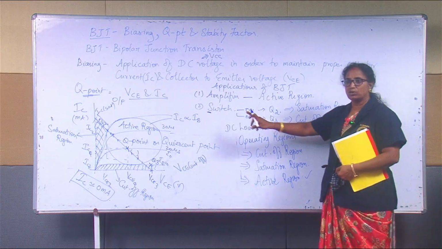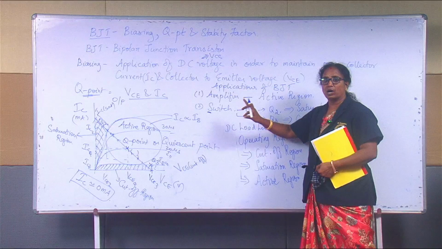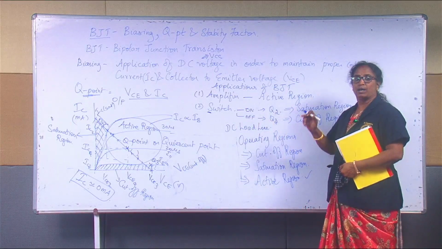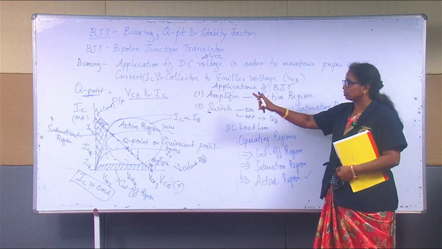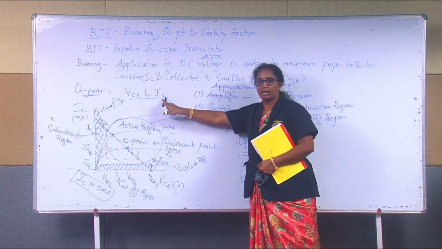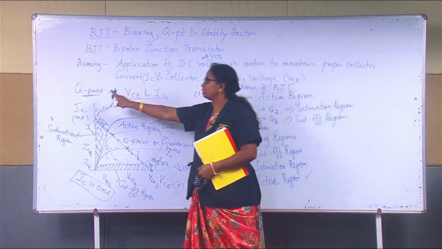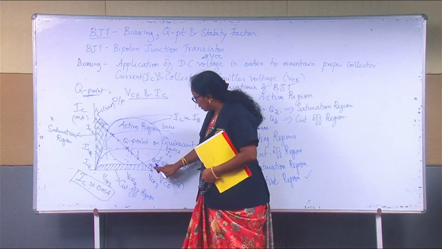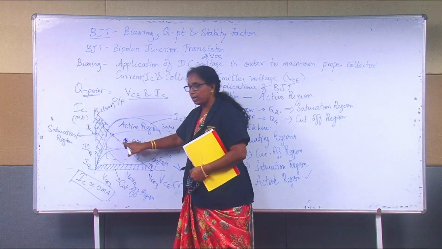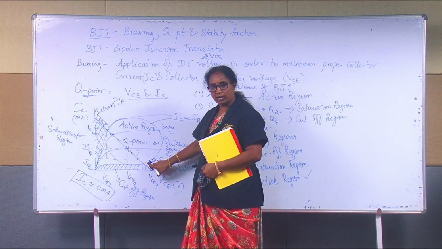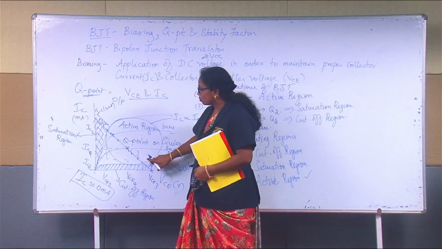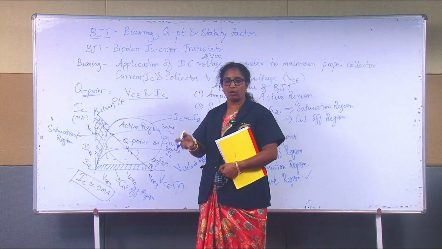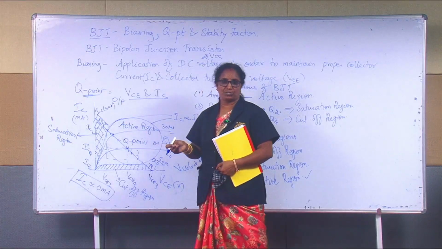So, it is based on the application that we have to define the value of voltage, that is collector to emitter voltage, and collector current, which will define the Q point. Based on this value of Q point, it will be located in the output characteristics of the BJT, which says indirectly what the circuit is for or what the application is.